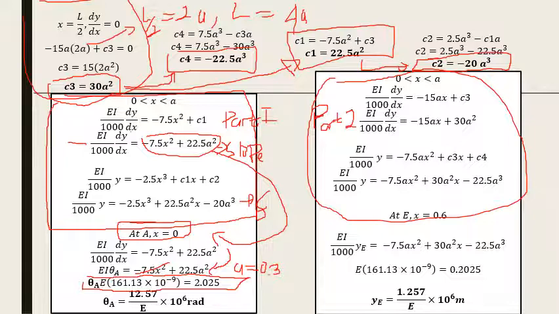We arrange the terms, and the slope that I got is 12.57 over E I times 10 to the power of 6 radian.